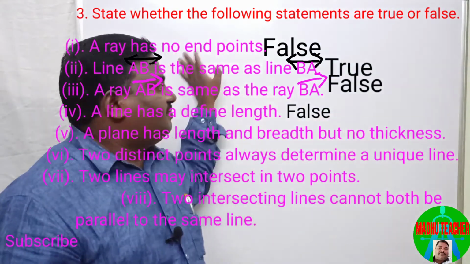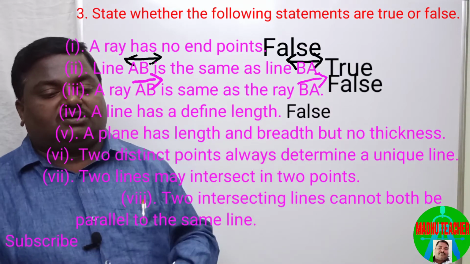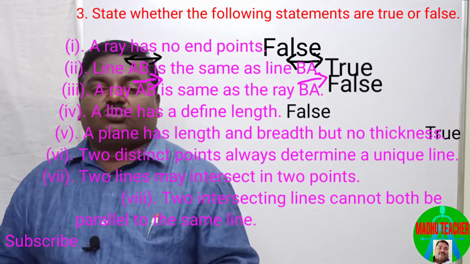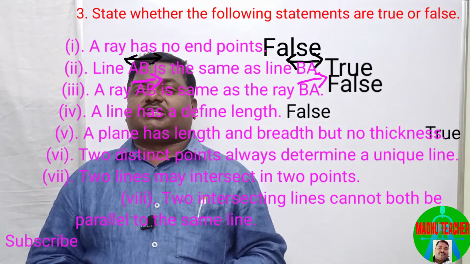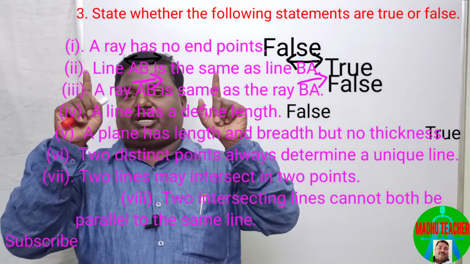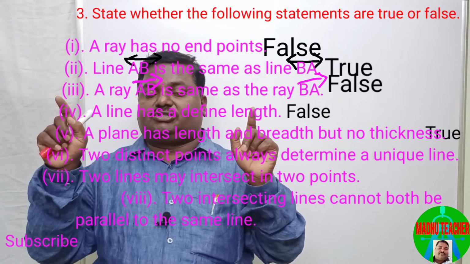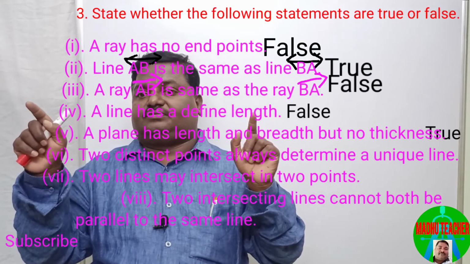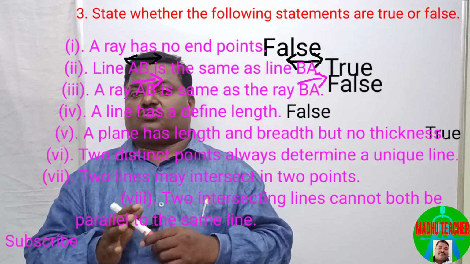This is the plane. So it is true. Next, sixth one is, two distinct points always determine a unique line. Yes, suppose these two are two distinct points, they determine only one line. So this is true.